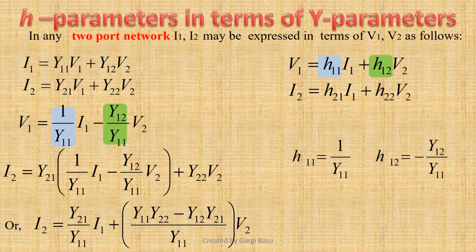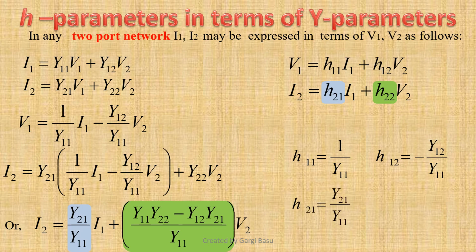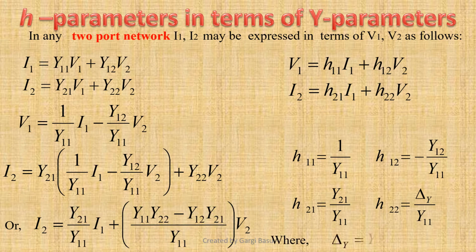Now, comparing the expressions of I2, we get H21 equals Y21 by Y11 and H22 equals delta Y divided by Y11, where delta Y equals Y11 Y22 minus Y12 Y21. Now, we have expressed H parameters in terms of Y parameters.